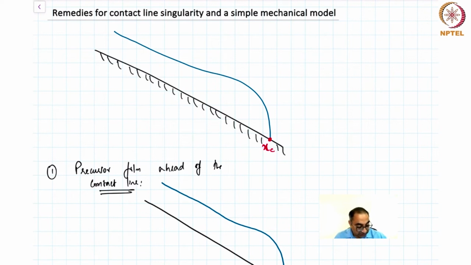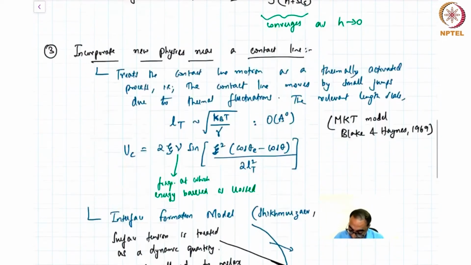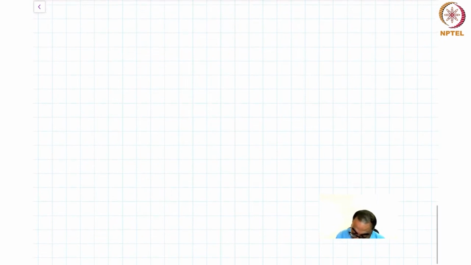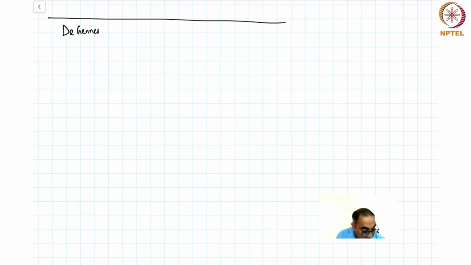So the idea is basically the following. So this is Degens' model. So let's quickly understand what the Degens model is about.